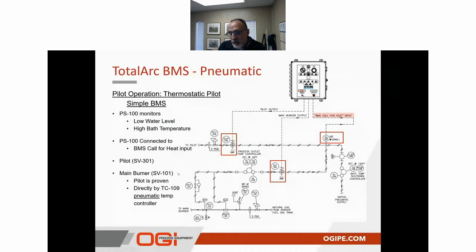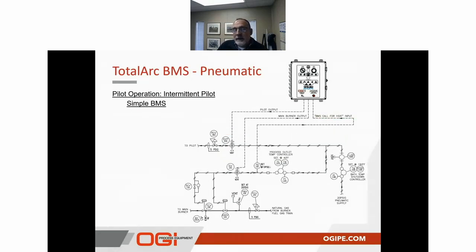So essentially, every time there's a call for heat, the BMS will light the pilot, and once it's proven, it'll open the solenoid valve 101, and the main burner will have to wait for the call for heat to be driven by the pneumatic controller.